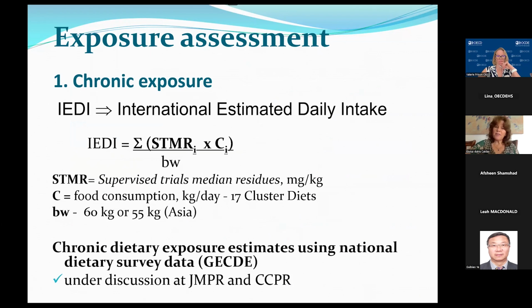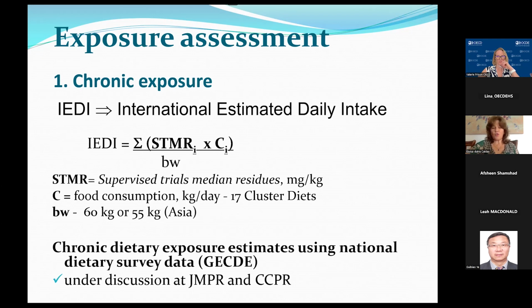So it's the STMR value times the consumption at international level, divided by the body weight, and this is the summation of the intake from the consumption of all crops that we are considering in that evaluation. And we use here the cluster diets. I'm going to show the map for the cluster diets soon. And the body weight is 60 kilos or 55 kilos.